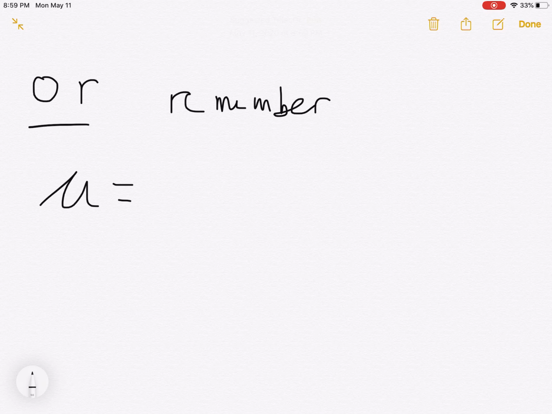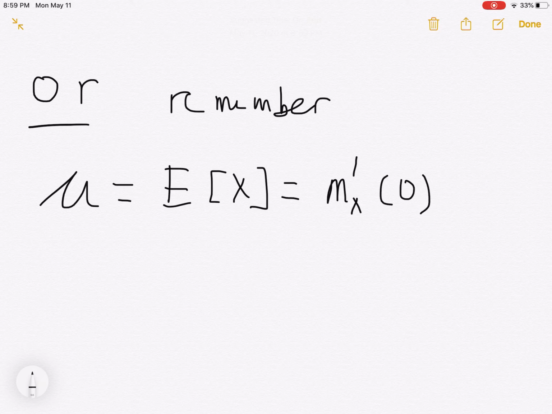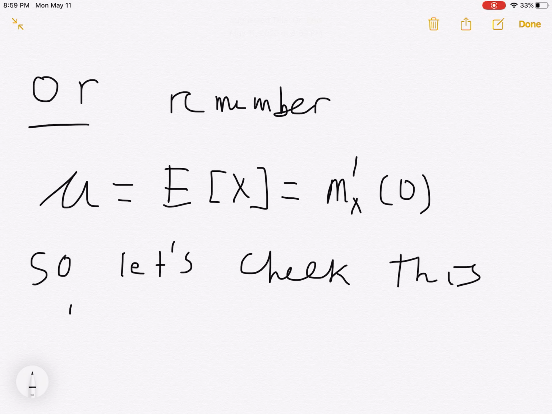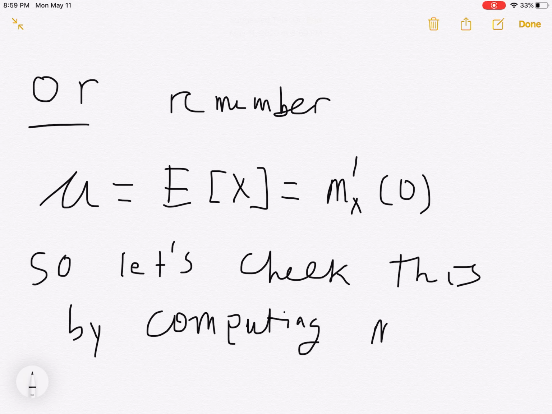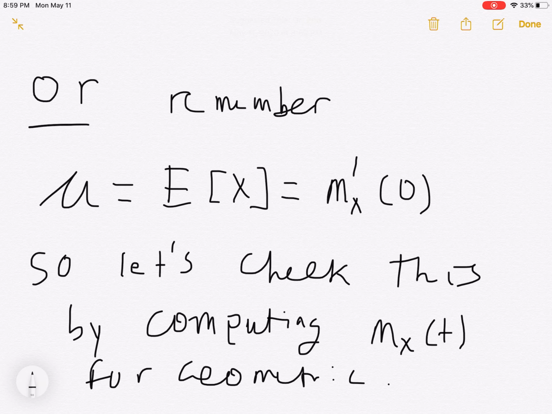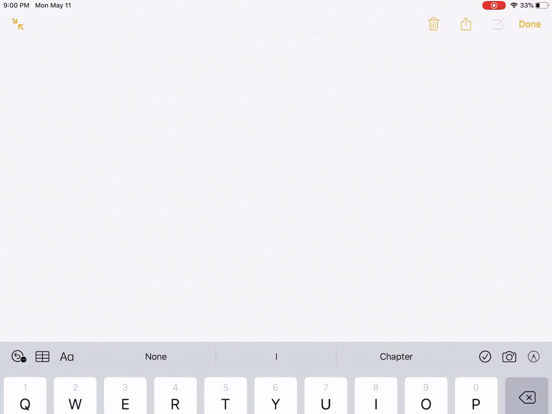The mean value, which is E of X, is going to be this moment generating function at 0. So let's check this by computing M_X of t for the geometric.